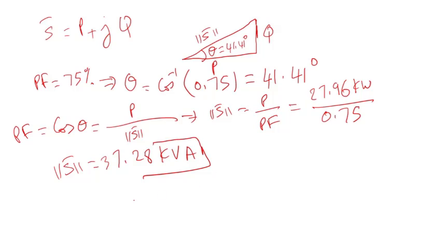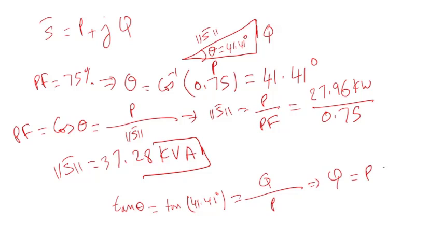If you want to calculate the reactive power, again using trig, tan theta, which is equal to tan of 41.41 degrees, is equal to Q divided by P. So Q is equal to P times tan theta.